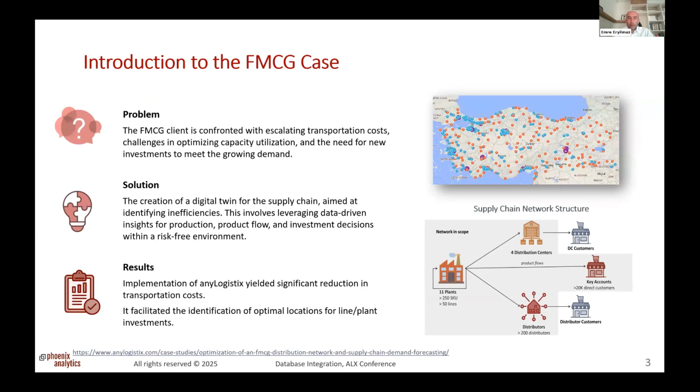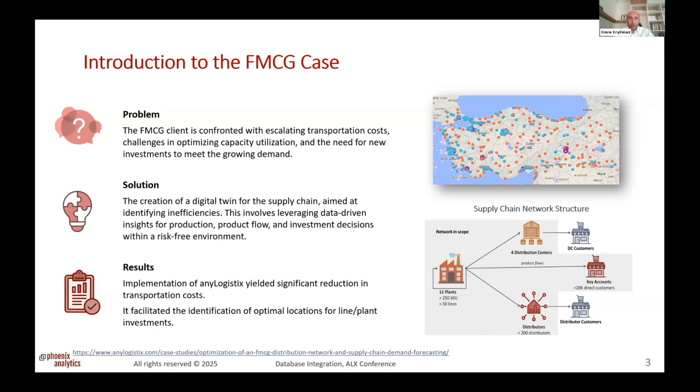Our customer is CCI Coca-Cola İçecek, a multinational company. In this slide, you can see a sample country, Turkey, one of the countries where CCI has been operating. The main problem for which we want to use ALX is that there were increasing transportation costs.